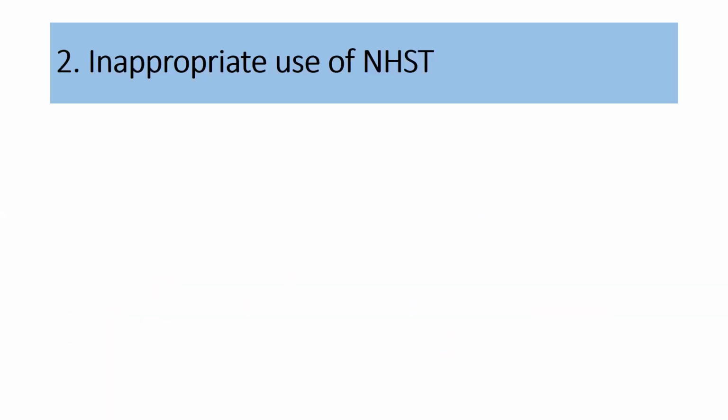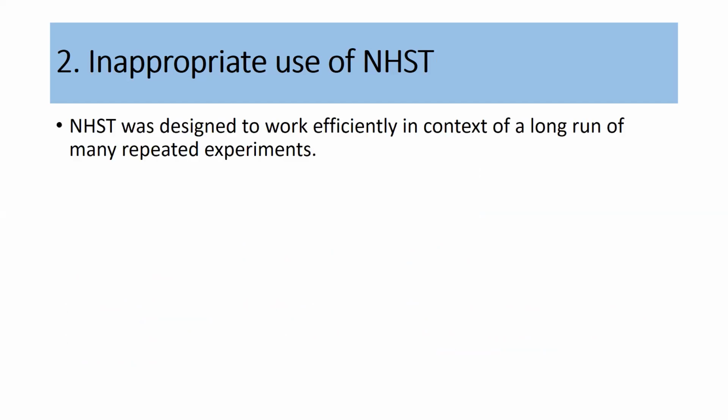Moving on to the second problem, inappropriate use of null hypothesis statistics testing. This is actually a concept that's quite difficult to explain in this sort of seminar, so I'll just be quite brief about it. When Neyman and Pearson devised null hypothesis statistics testing, it was designed to work efficiently in the context of a long run of many repeated experiments.